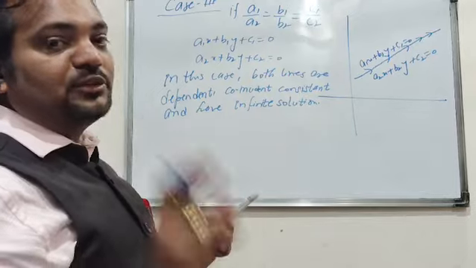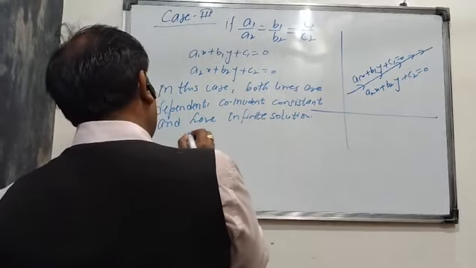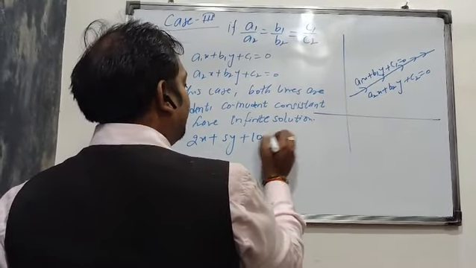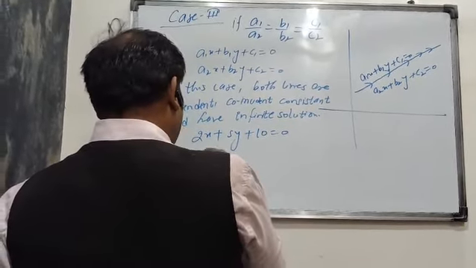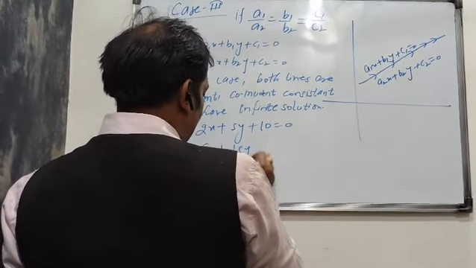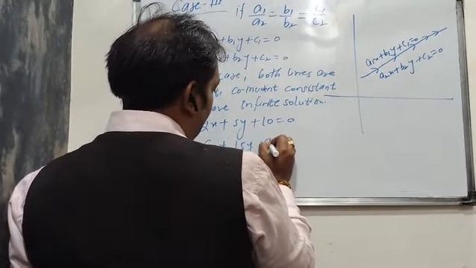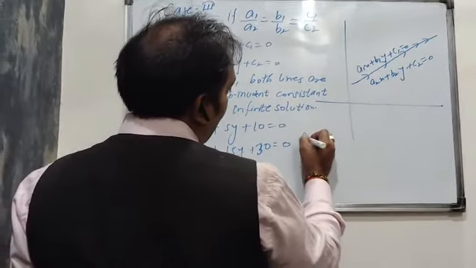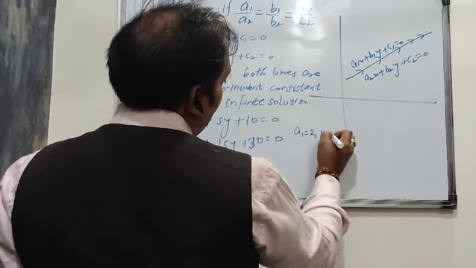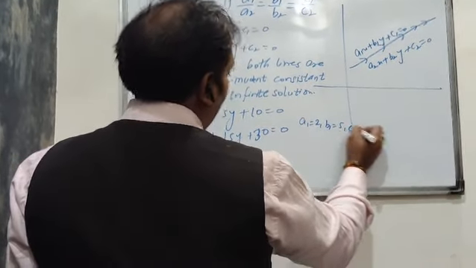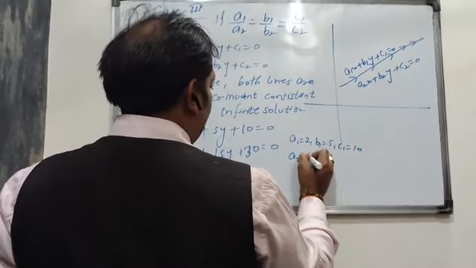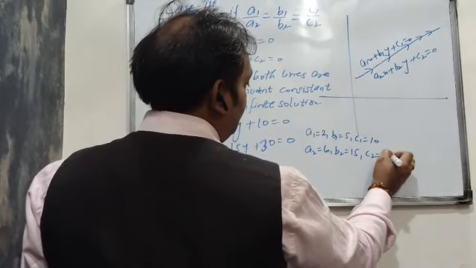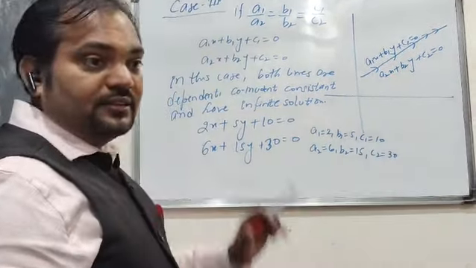For example, I am going to take two equations. Equation first is 2x plus 5y plus 10 is equal to 0. Equation second is 6x plus 15y plus 30 is equal to 0. If you are going to compare with the standard form, a1 will be 2, b1 will be 5, c1 will be 10, a2 will be 6, b2 will be 15, and c2 will be 30.